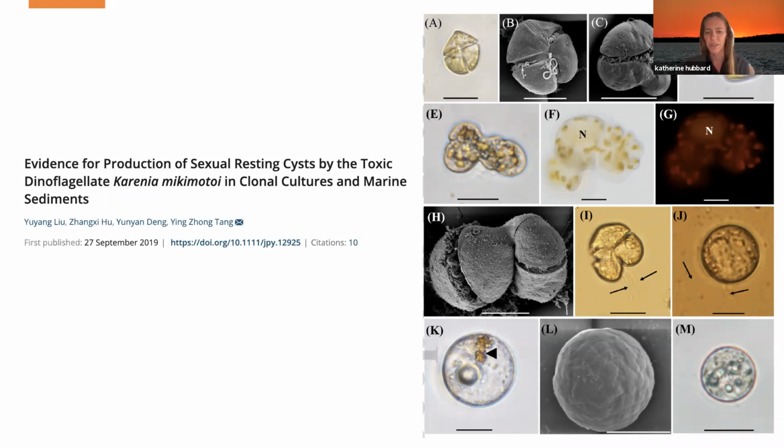And so this just gives you a sense that if you are seeing some of these round cells either after a Karenia bloom or as part of a Karenia bloom, those might in fact be Karenia cells. And mikimotoi is not known to produce toxins that affect humans.